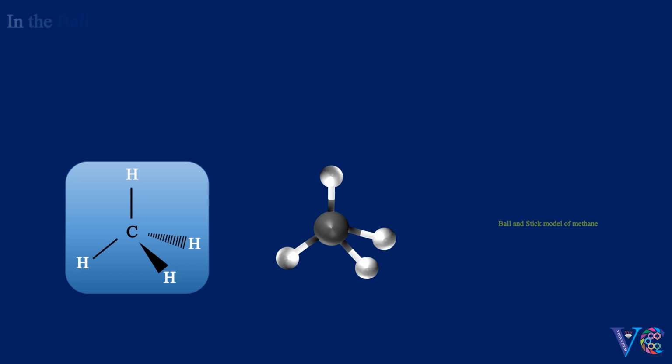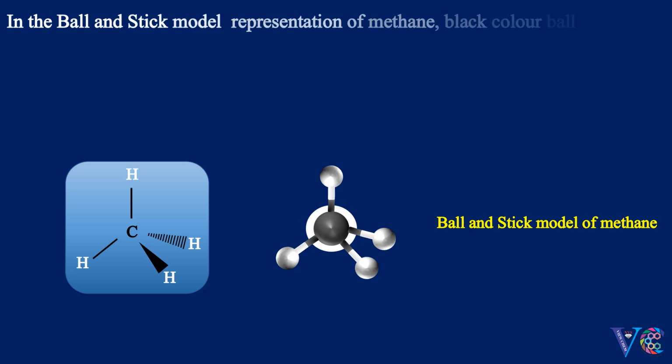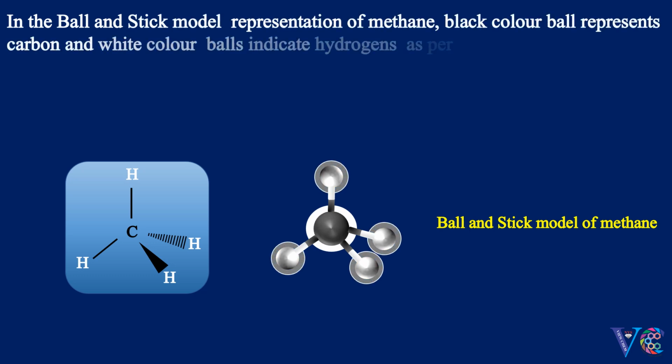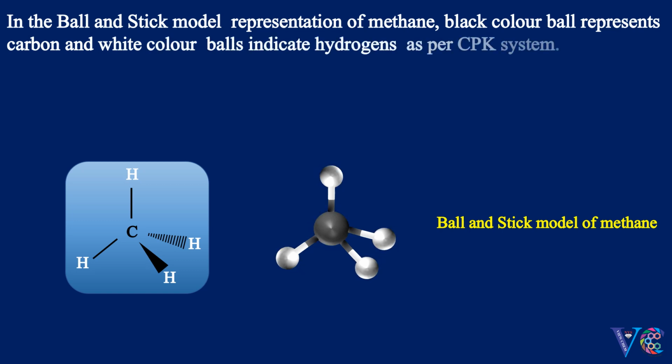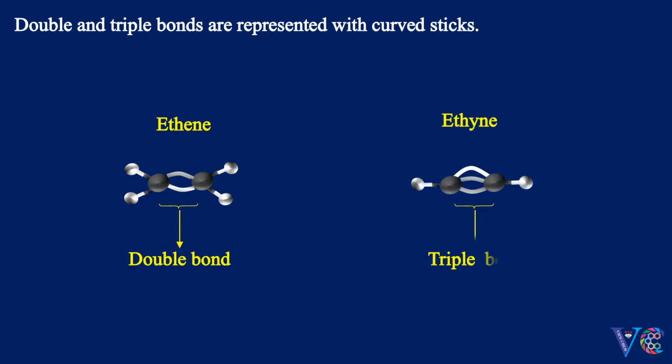In the ball and stick model of methane, black color ball represents carbon, and white color balls indicate hydrogens, as per CPK system. Double and triple bonds are represented with curved sticks. Ethene, containing a double bond. Ethyne, containing a triple bond.